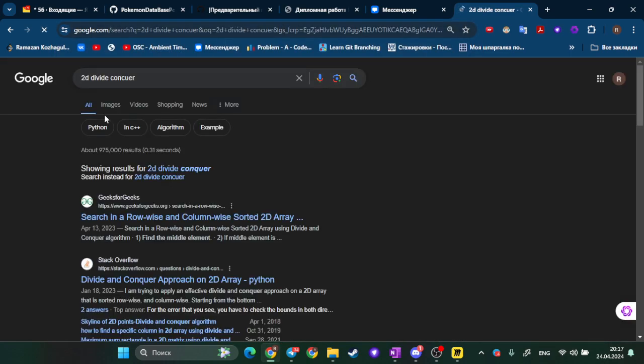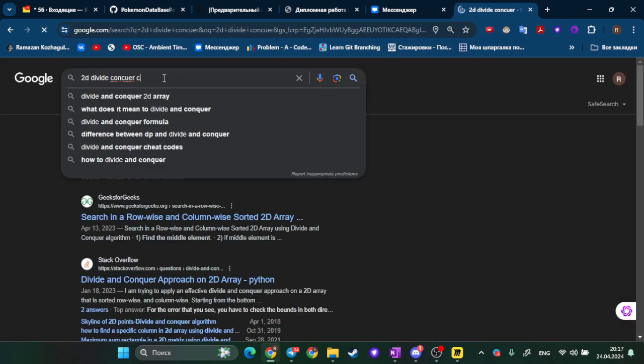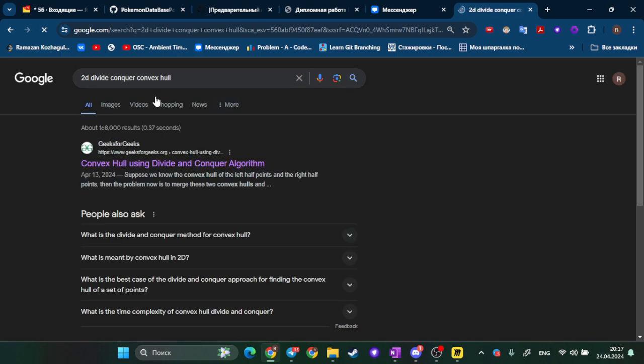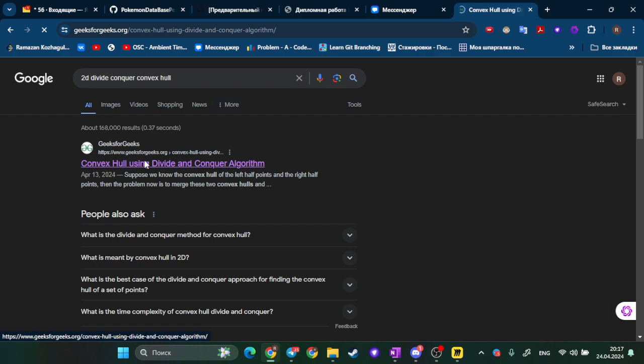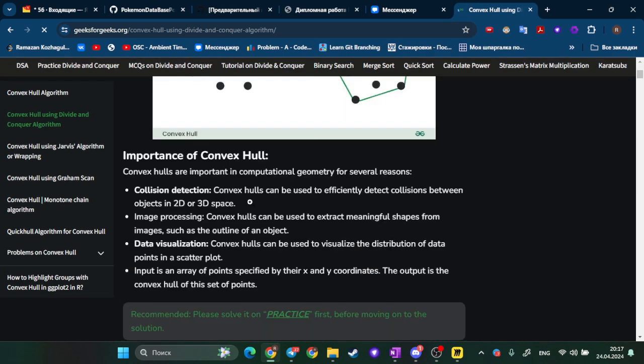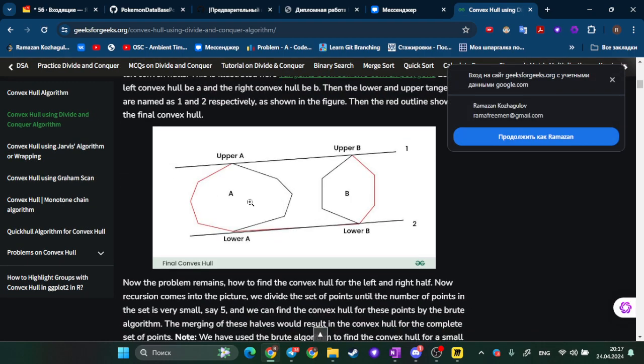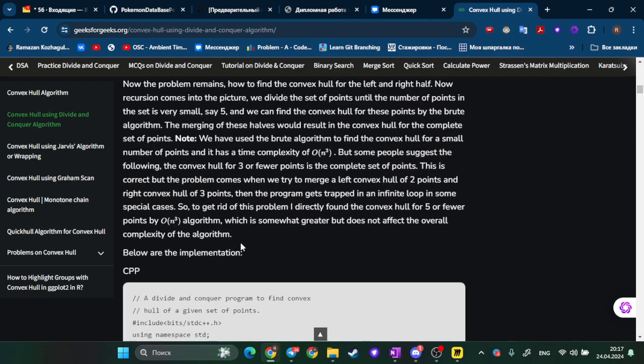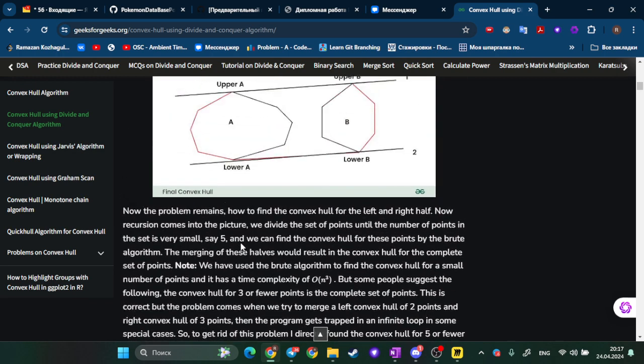Divide and conquer convex hull. Let's consider it. Oh, here it is. So you need to find this point and this point, but how to do it?